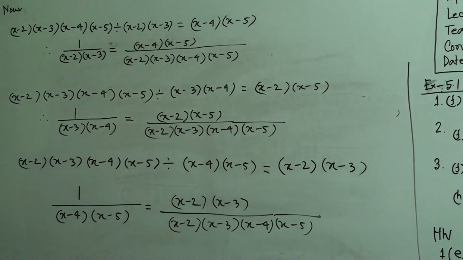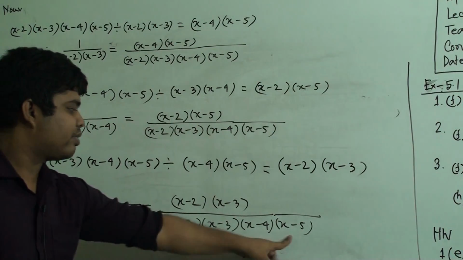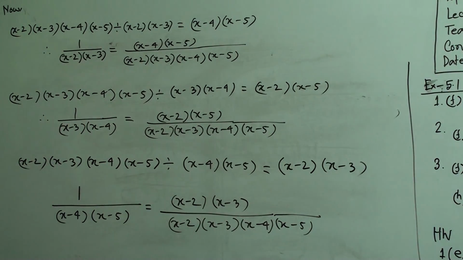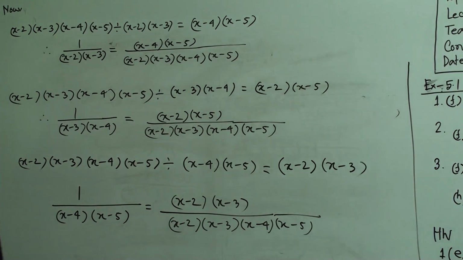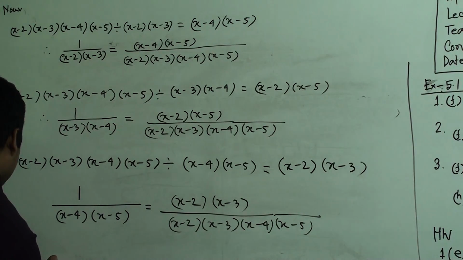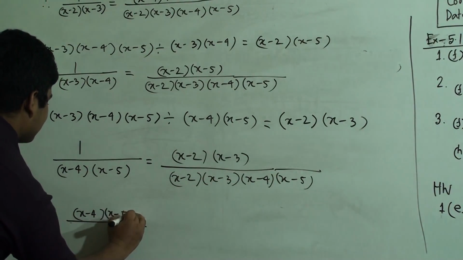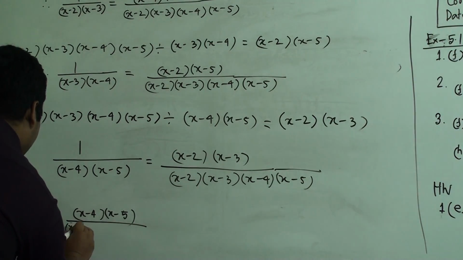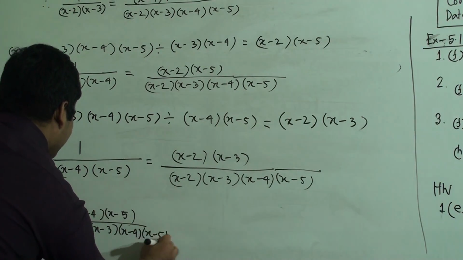Now my dear student, please notice this denominator is this denominator and this denominator, all the denominators are the same. So we have already converted these fractions into fractions with common denominators. I hope you have understood. Now you can write the answer. So write x minus 4, x minus 5 over x minus 2, x minus 3, x minus 4, x minus 5.